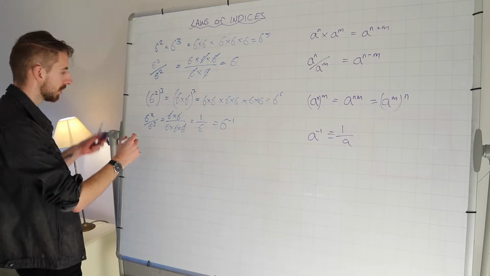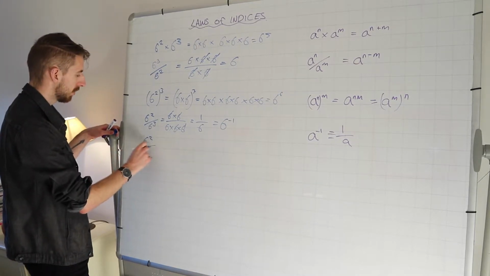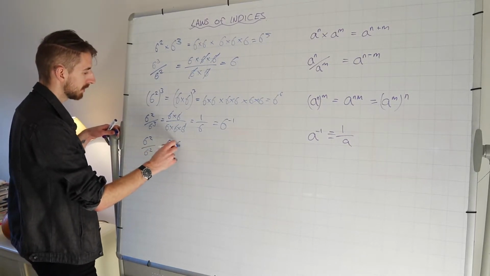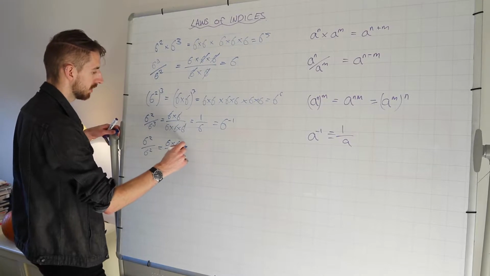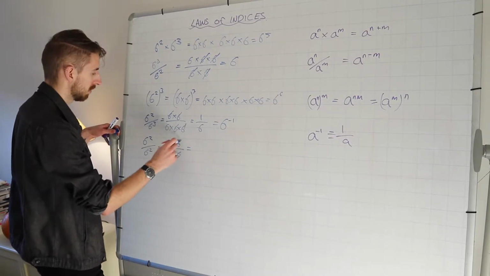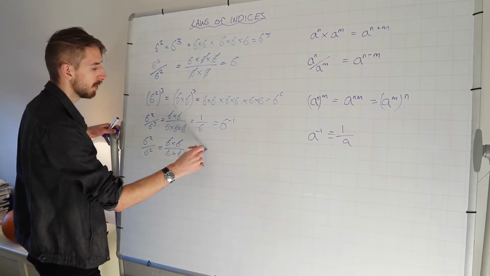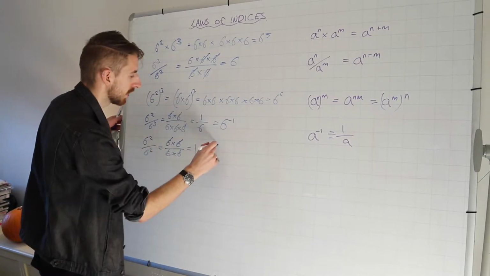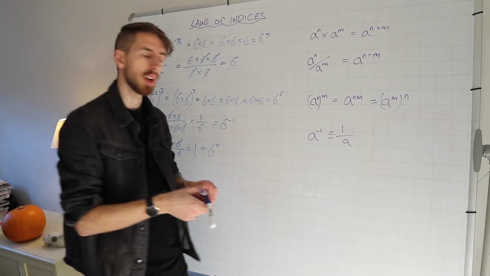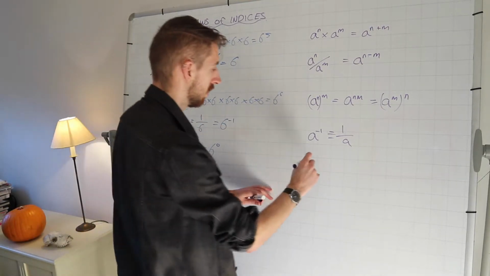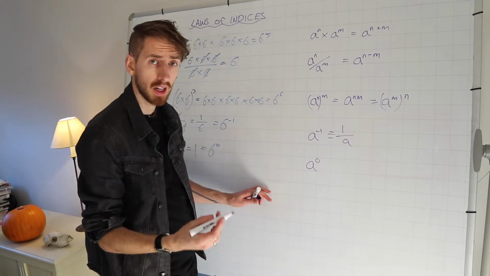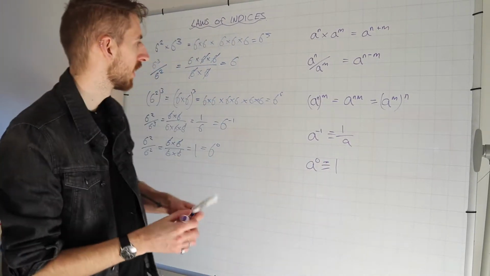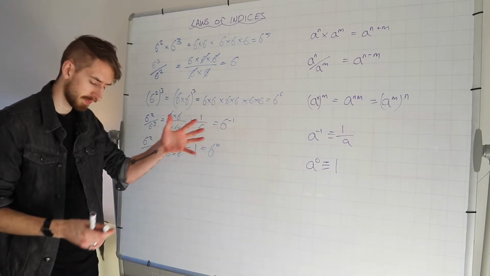What if these two powers were the same? 6 squared over 6 squared, that is equal to 6 times 6 over 6 times 6, which is equal to, cancel, 1, which is equal to, from our previous rule, 2 minus 2 is 0, 6 to the 0. Again, we get another little property, which is always true: anything to the power of 0 is just 1. Now that is really important. So that takes us up to 5.